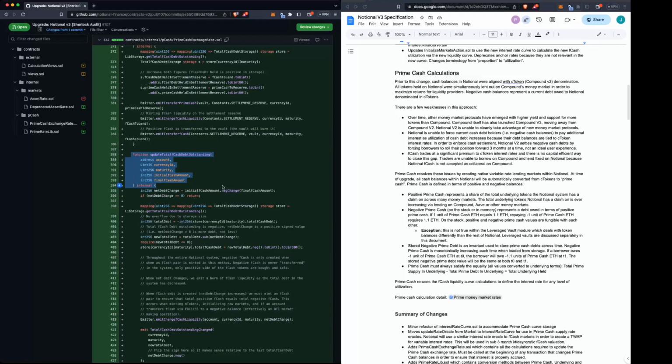And the third thing that we track in Notional that's unique to Notional and a little different conceptually from other variable rate lending and borrowing markets is the total amount of Fcash debt outstanding. So what happened in Notional V2 was that when borrowers borrowed Fcash, when that Fcash debt matured, it would mature directly into a negative cash balance, or like cTokens owed to the protocol.